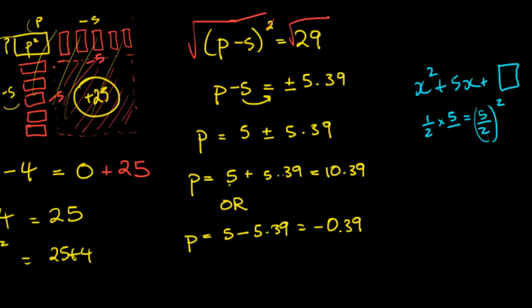So to complete this square, it would be x squared plus 5x plus (5 over 2) squared. Now, in this lesson, I'm going to give you a few more to do on your own, probably 2 or 3, and then we're going to do some harder ones together.